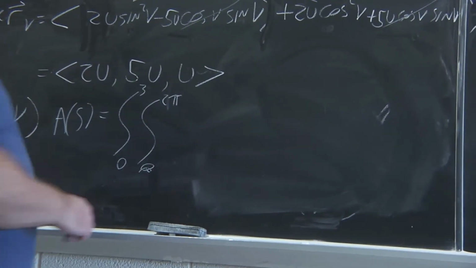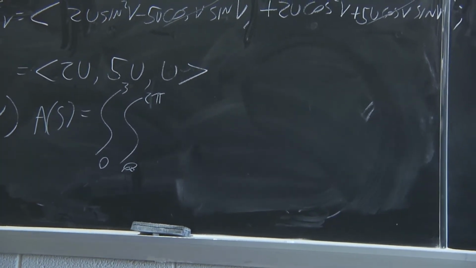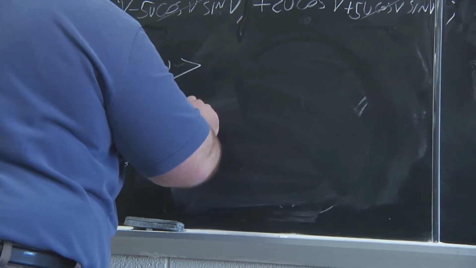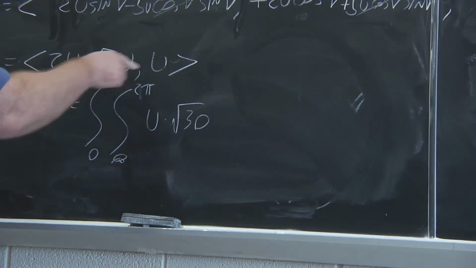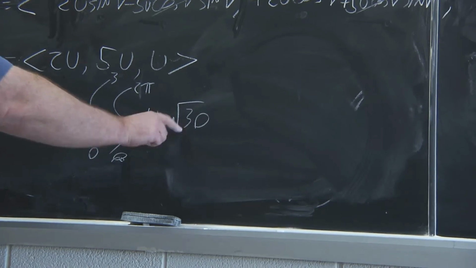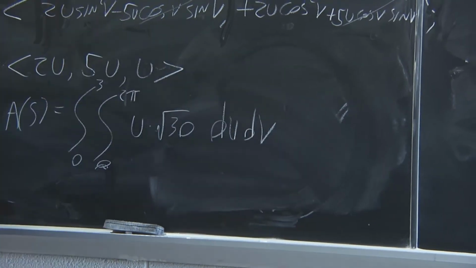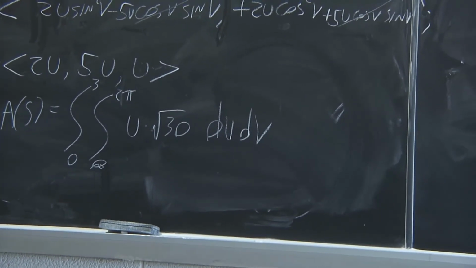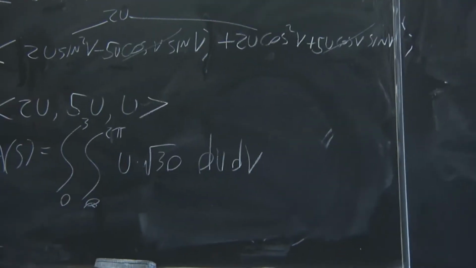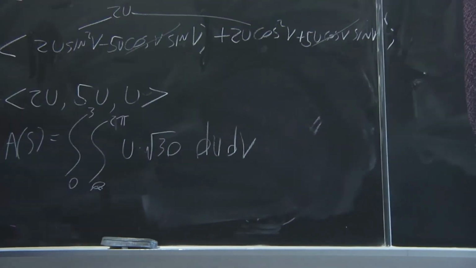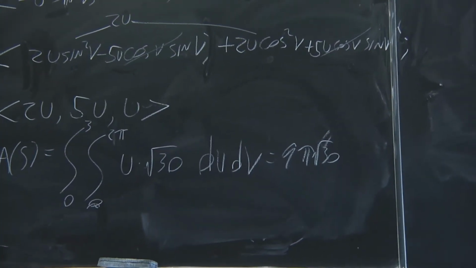What we're going to get is u times the square root of 30, because the square root of 2 squared plus 5 squared plus 1 squared is the square root of 30, du dv. So this integral, for a change, is nothing to it. You get 9 pi square root of 30 for the area of the surface.